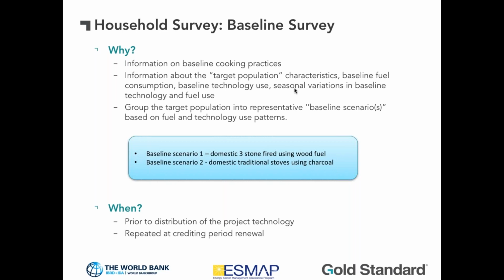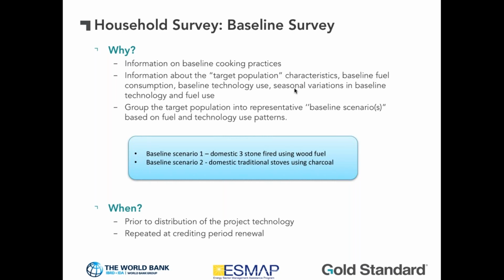So are there any variations in their usage based on seasons? Based on this information, the target population should then be grouped into representative baseline scenarios, which will be based on typical fuel and technology use patterns.